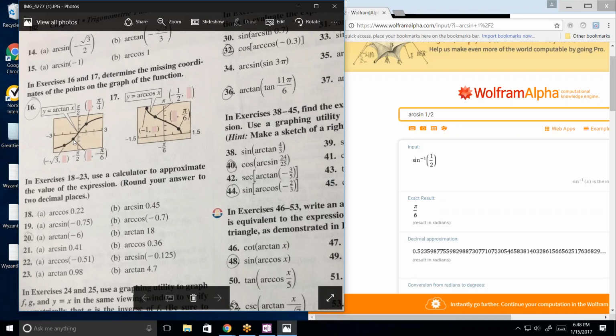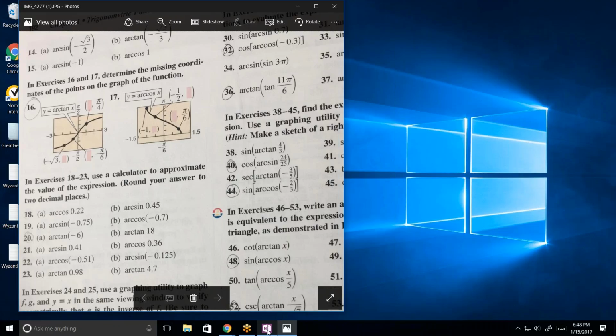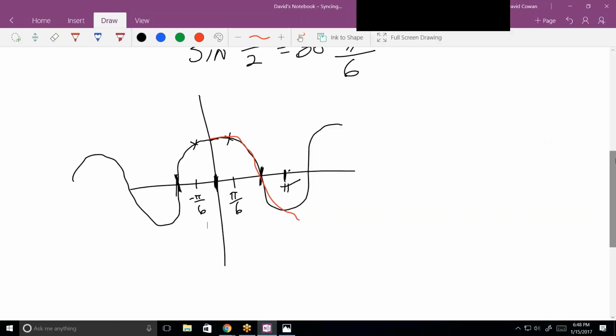What does this point here have to be such that the tangent of that number is equal to minus pi over 6? What angle is pi over 6? Let me give you a really easy way to memorize.